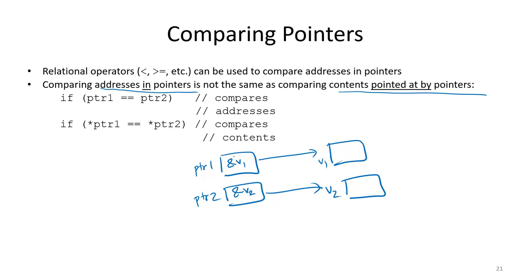So the actual value stored inside PTR1 will be the memory address of the variable V1 where pointer 1 is pointing. Similarly, if PTR2 points at V2, then PTR2 must be holding the memory address of V2.